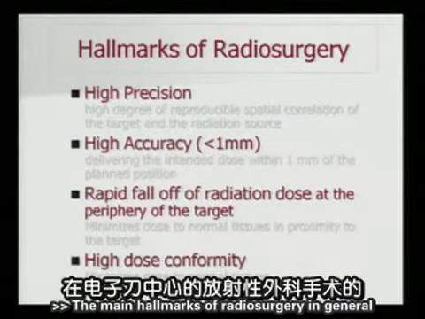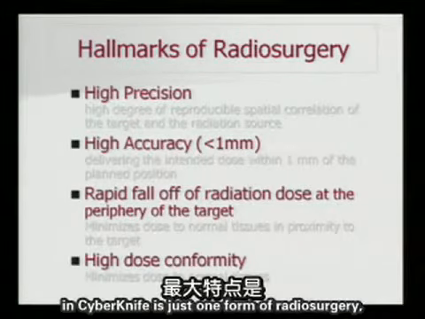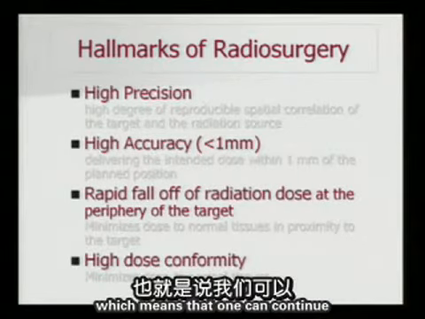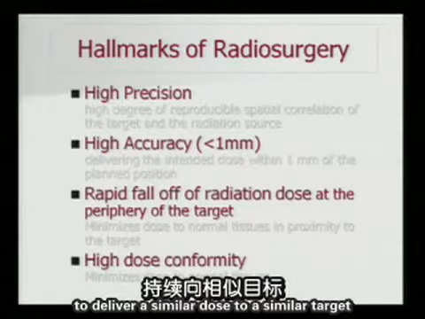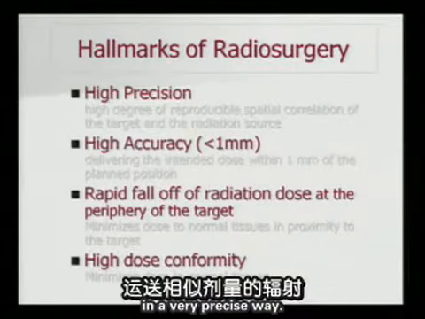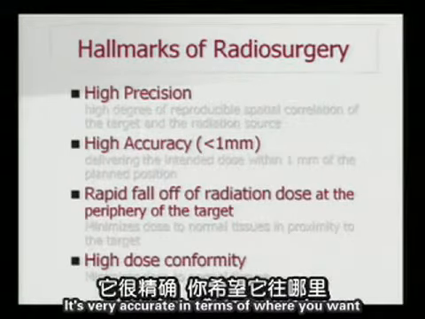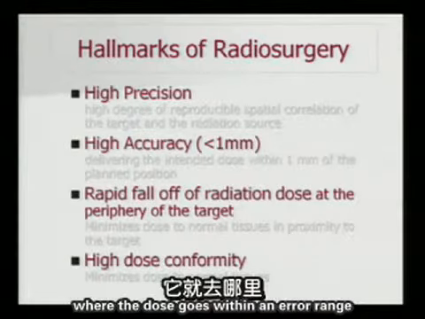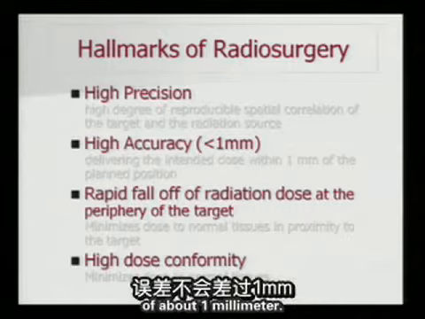The main hallmarks of radiosurgery in general, and CyberKnife is just one form of radiosurgery, is that it's highly precise, which means that one can continue to deliver a similar dose to a similar target in a very precise way. It's very accurate in terms of where you want to deliver the dose is where the dose goes, within an error range of about 1 millimeter.